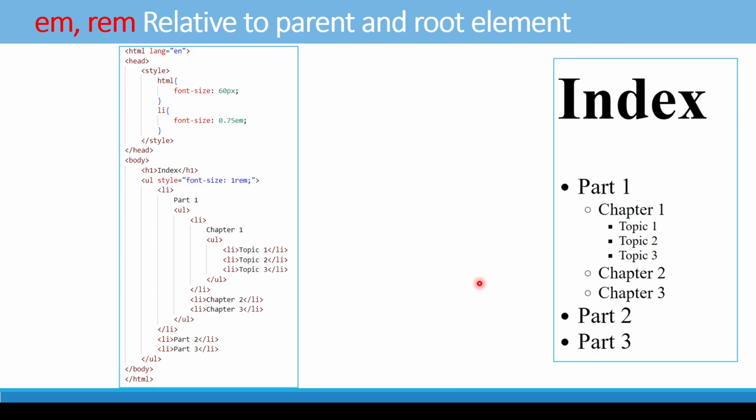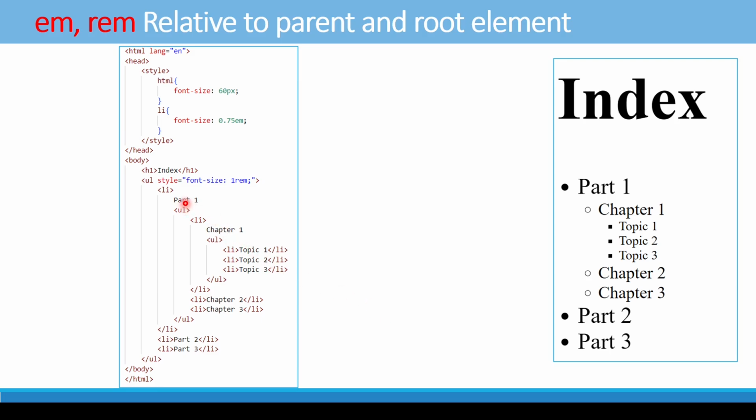Here, I want to create an index page and give it a hierarchical font size look from bigger to smaller. I create a header 1, Index, then an outer list which contains 3 items, part 1, part 2, part 3.